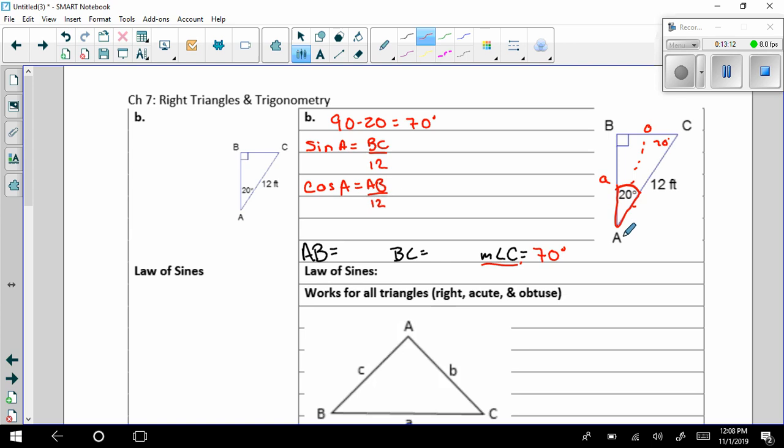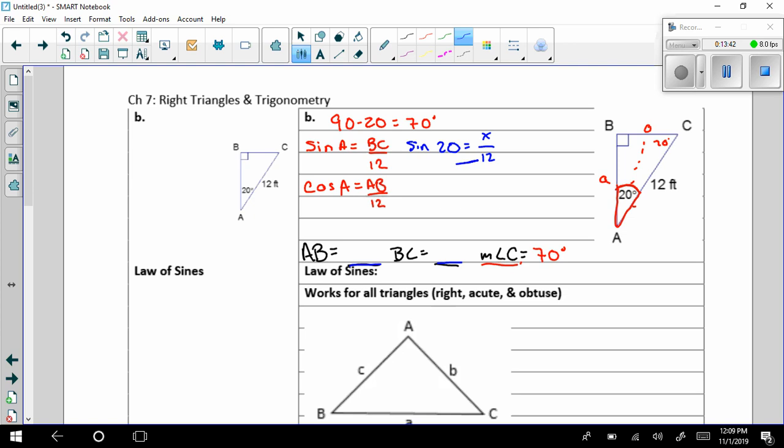Since I don't have either of those, that does me no good. But if I solve either of the other two, it will get me an answer for the two sides that I am missing. And so I'm going to fill in my angle. So I have the sine of 20 is equal to, we'll just call it x over 12.